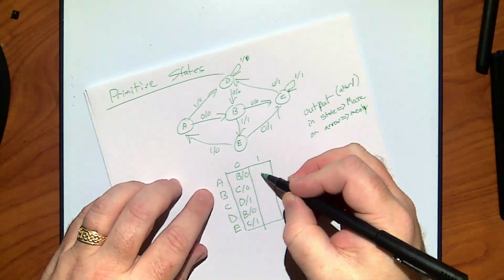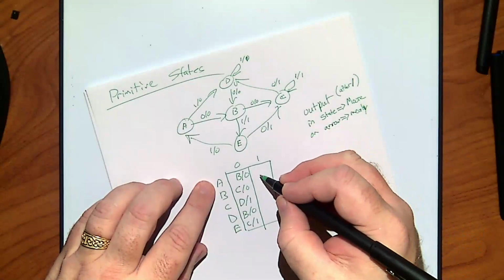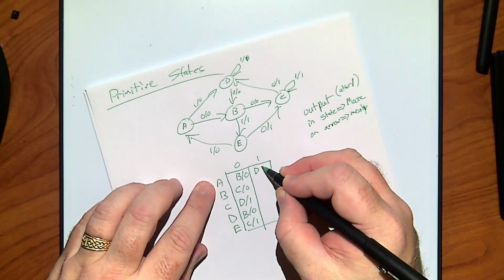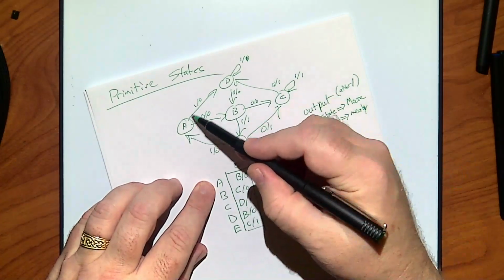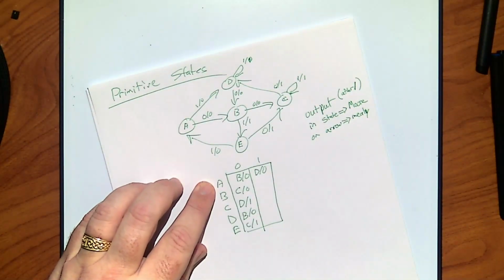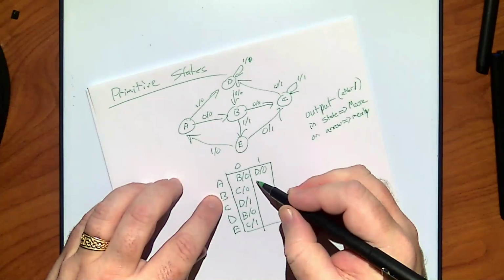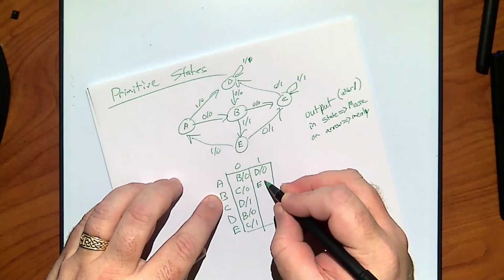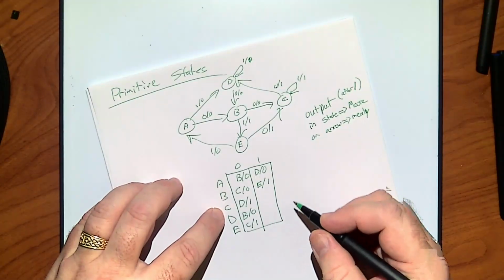Okay. Now we go to ones. A on a 1 goes to D, outputting a 0, right? A on a 1 goes to D, outputs a 0. See how easy it is to write them down, turn them into a table? B on a 1 goes to E, outputting a 1. Right?